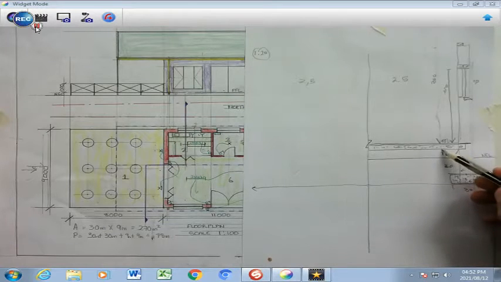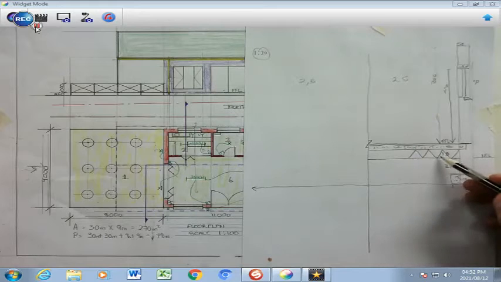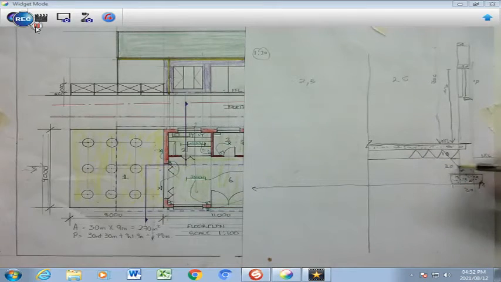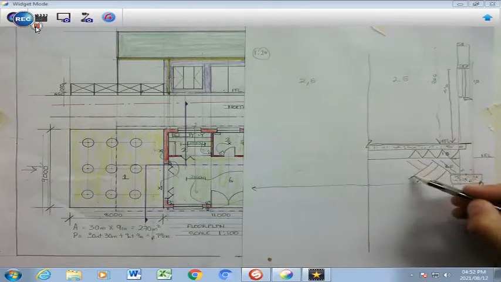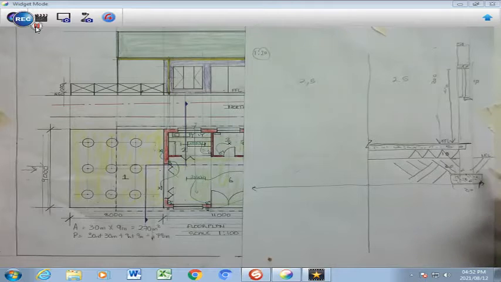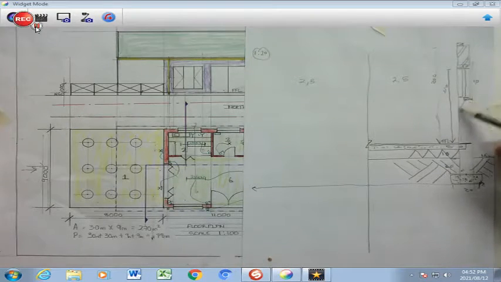I will have this angle line for my compacted hardcore and my 45-degree lines like that for my soil of earth, like that there. So you're familiar with these. And then of course I'm going to have my common brick, 2 lines gap, 2 lines gap, 2 lines gap, 2 lines gap, like that there.